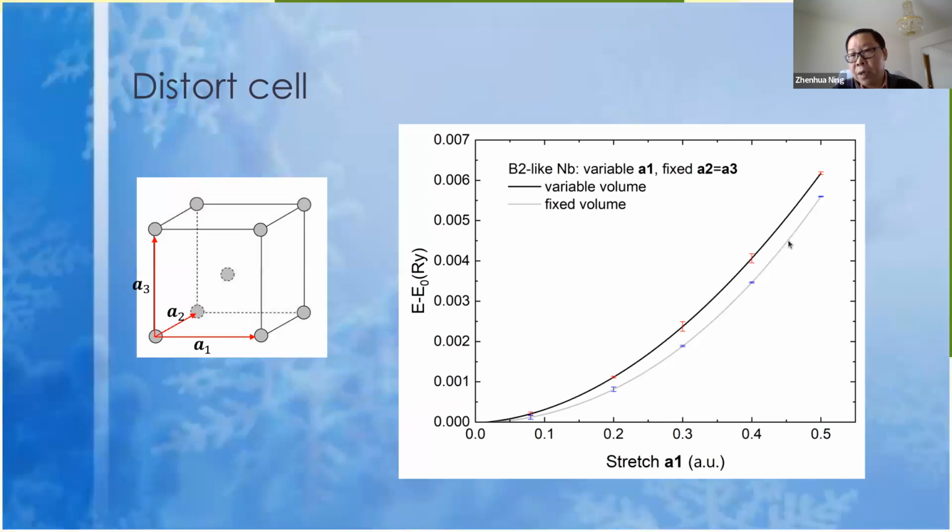In principle, the variable volume should have higher energy than the fixed volume, and my result agrees with the expectation. So I just explained how I solve the Coulomb potential, and I showed my result for the full potential KKR.